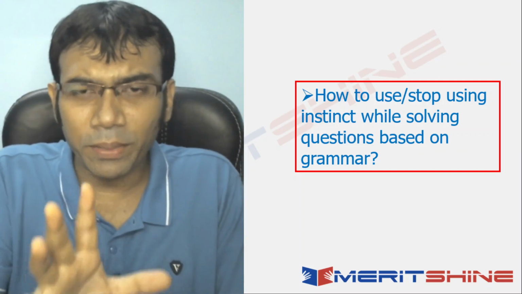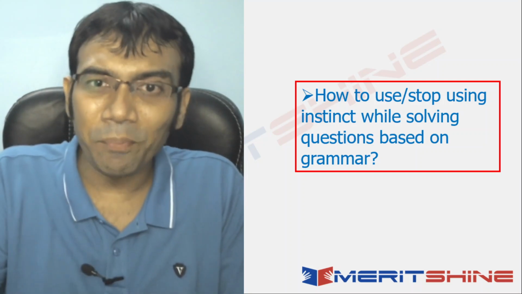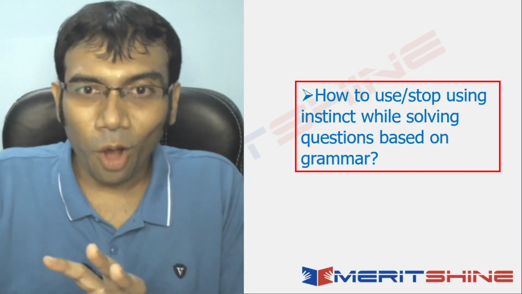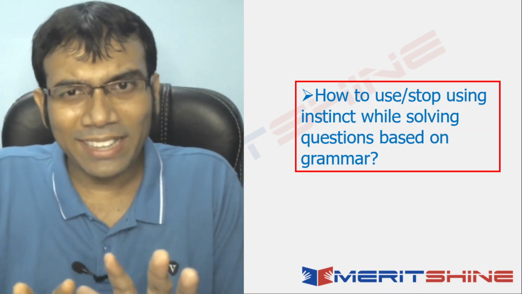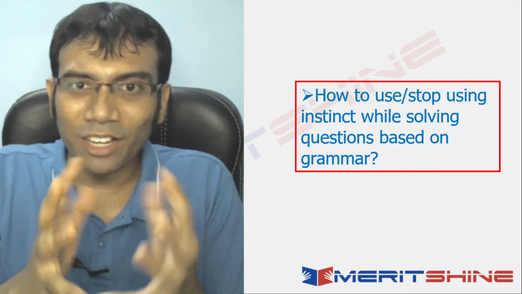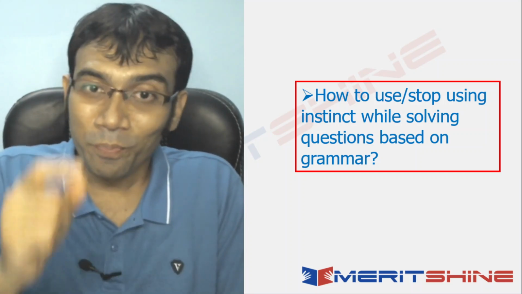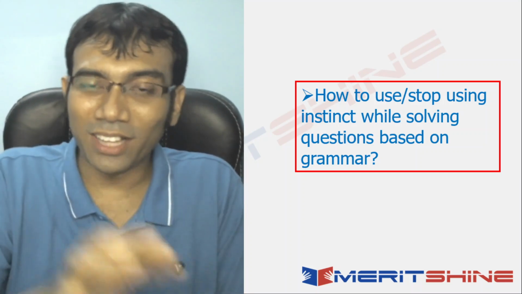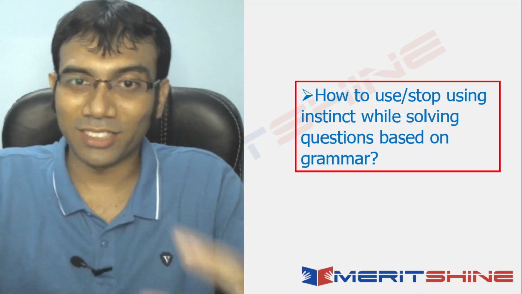That's what happens in most of the cases. And when you start self-doubting, you end up choosing another option just because you doubted yourself. So don't let that happen. Over a period of time, your instinct and logic would find a way to coexist and you would become a superhero, super accurate, super fast in grammar questions.